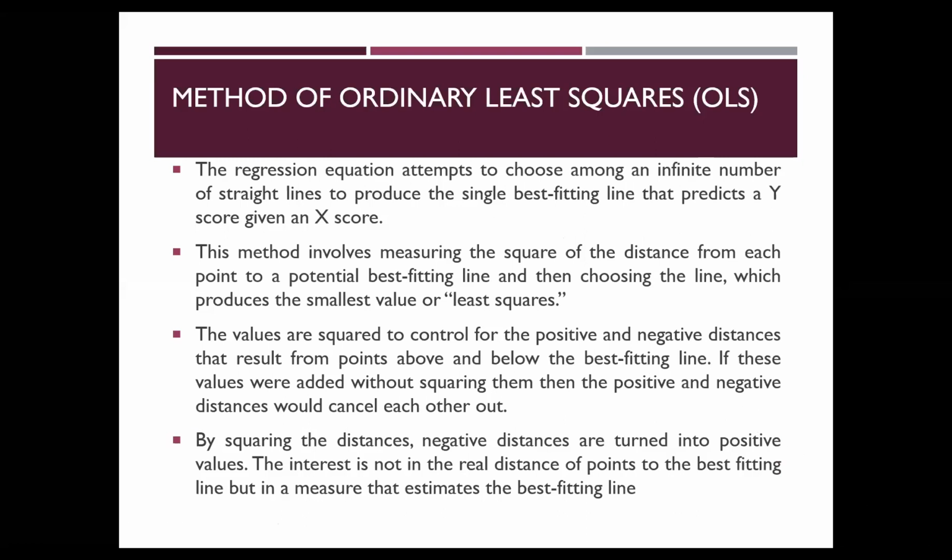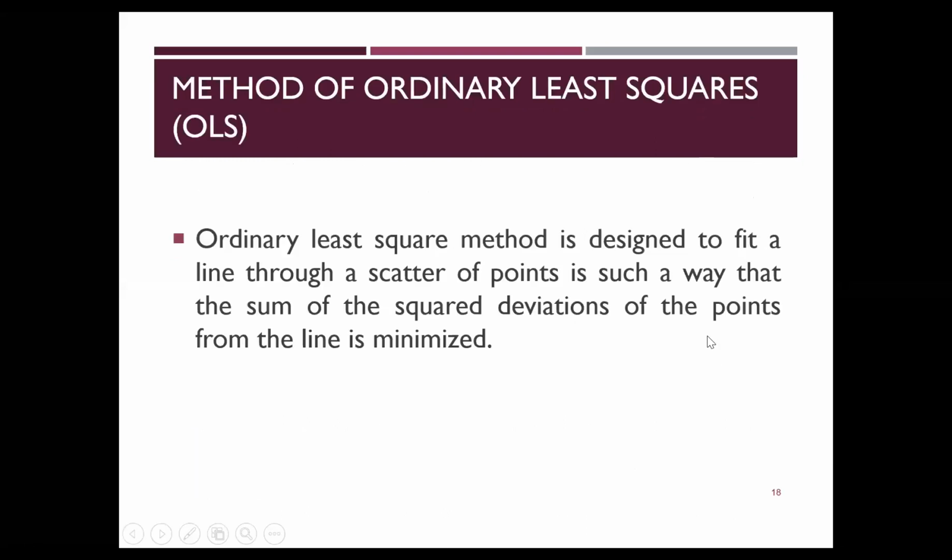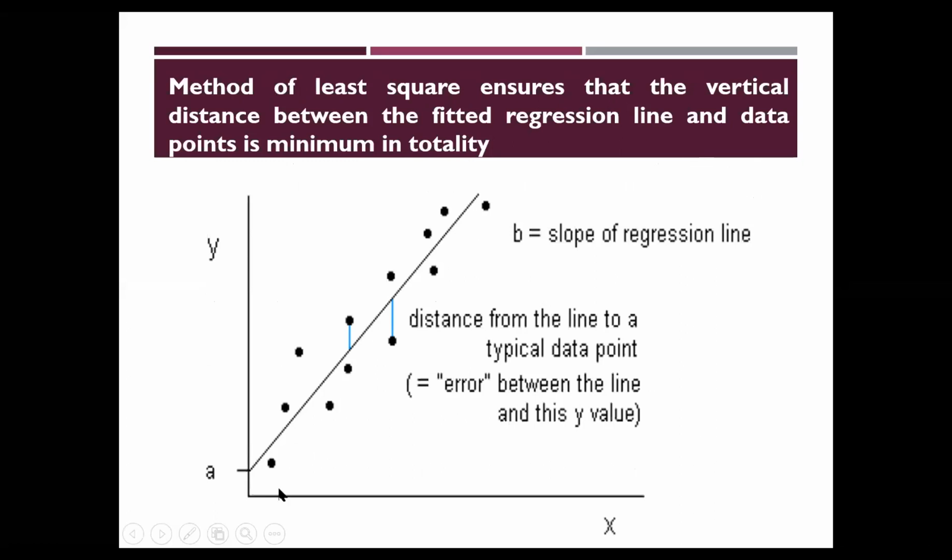So what is the method of least squares? It involves measuring the distance that you can see here. We have the x variable, the y variable, and the points after drawing the scatter plot.